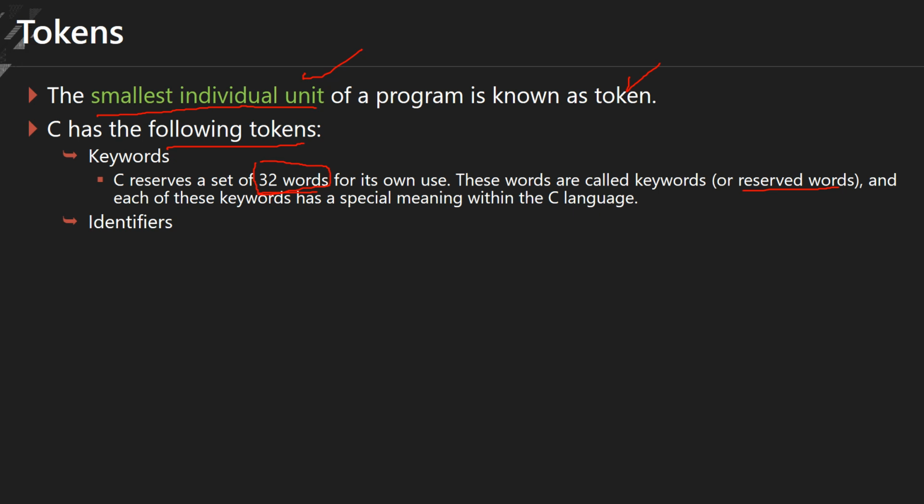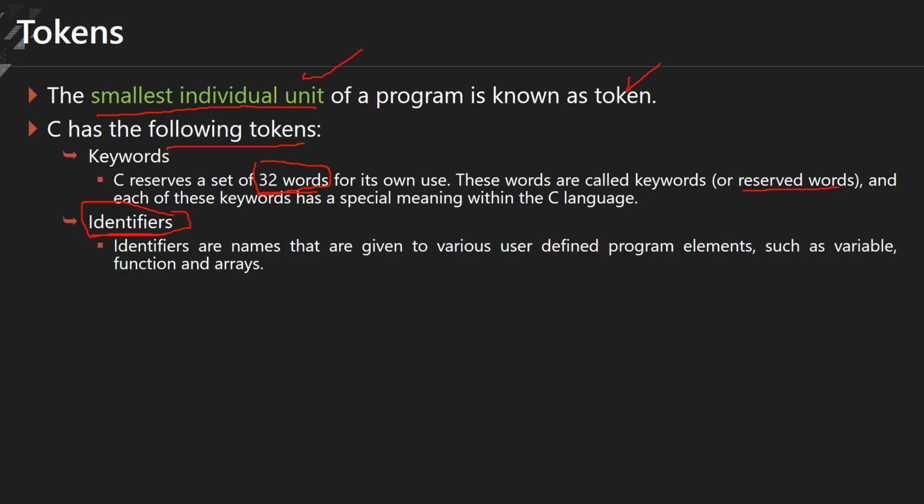What do you mean by identifiers? Generally an identifier is similar to a variable, but it is a little different. Identifiers are names given to various user defined program elements such as variables, functions and arrays.